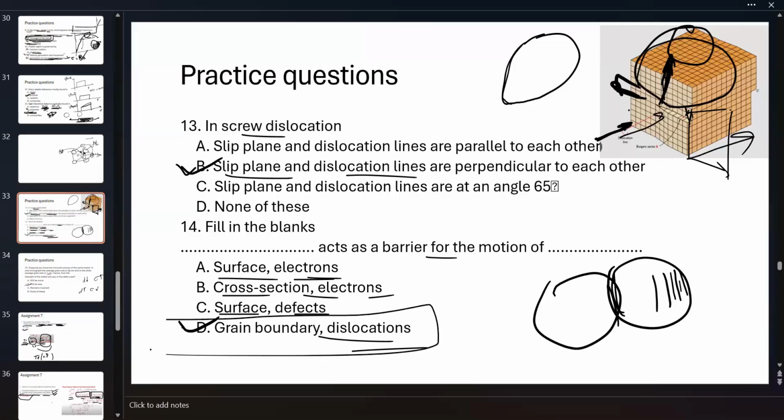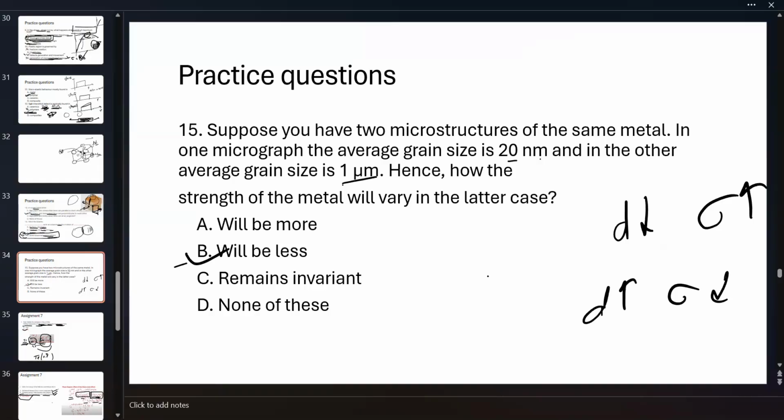According to what we've covered in the lecture, suppose you have two microstructures of the same metal. One micrograph has an average grain size of 20 nanometers, the other an average grain size of 1000 nanometers, 1 micron. One is 50 times smaller, and this one is 50 times larger.